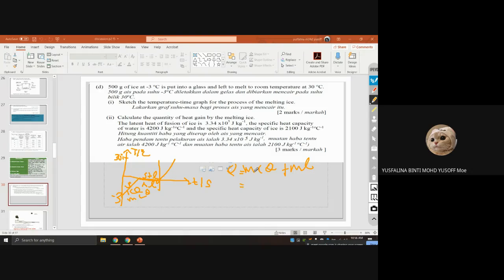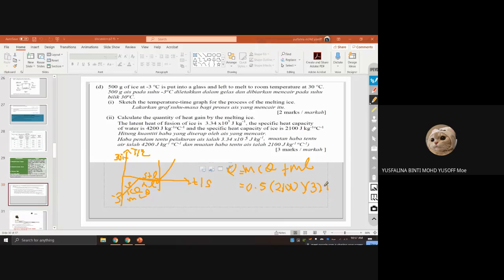The mass is already given as 500 grams, change to kg, 0.5. C is the specific heat capacity of ice, which is 2100. And θ is the change of temperature, right? From negative 3 to 0 means 3 degrees Celsius.